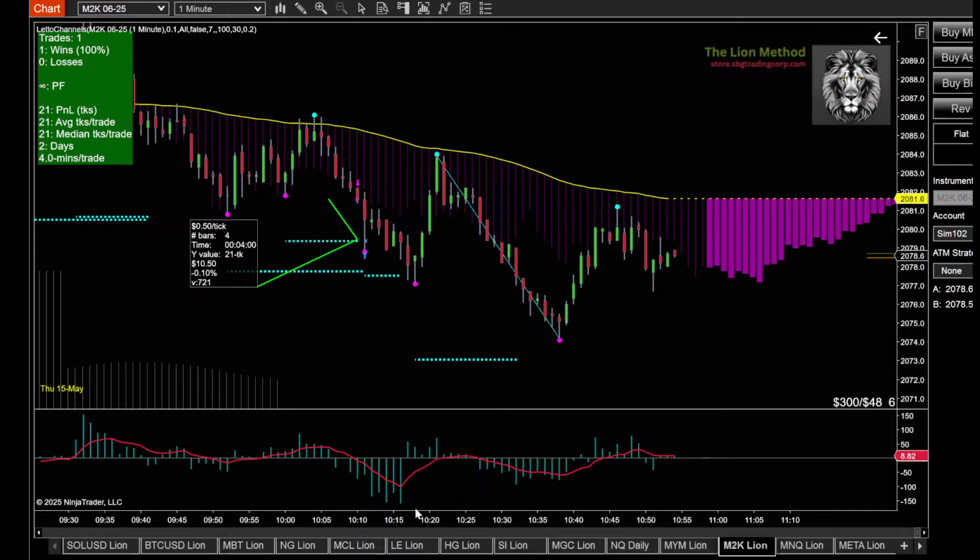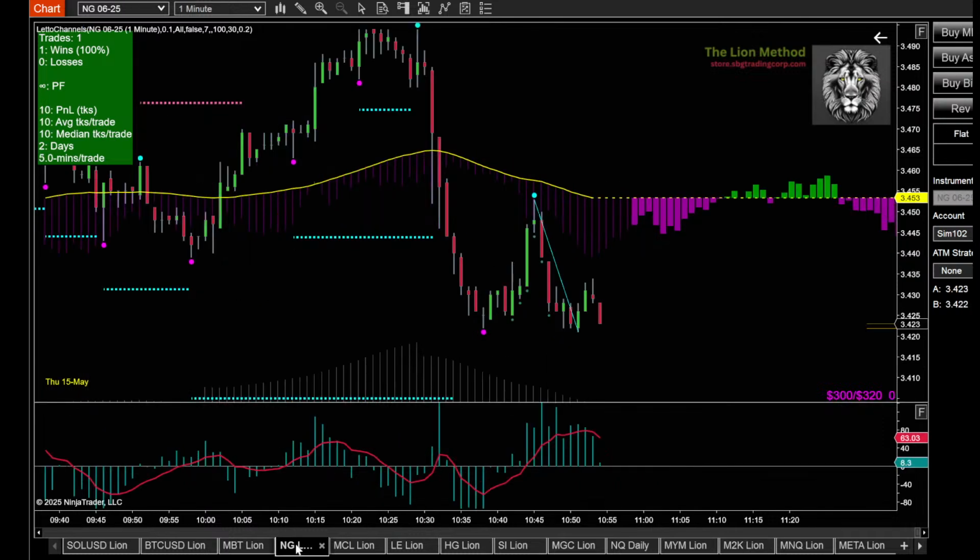Russell has rising order flow on falling price here. So there's a divergence. Nat gas is flirting with that short.